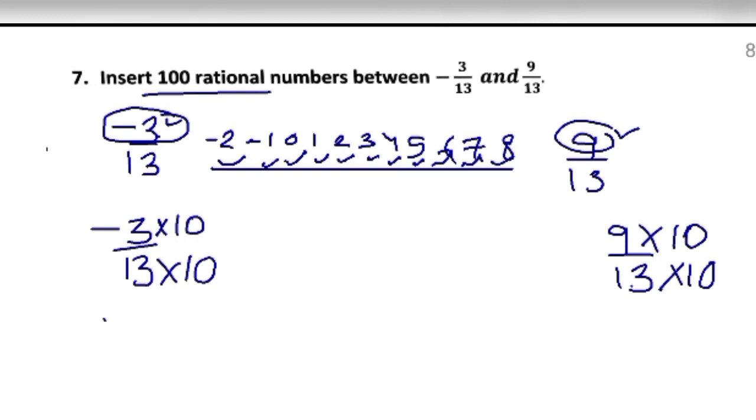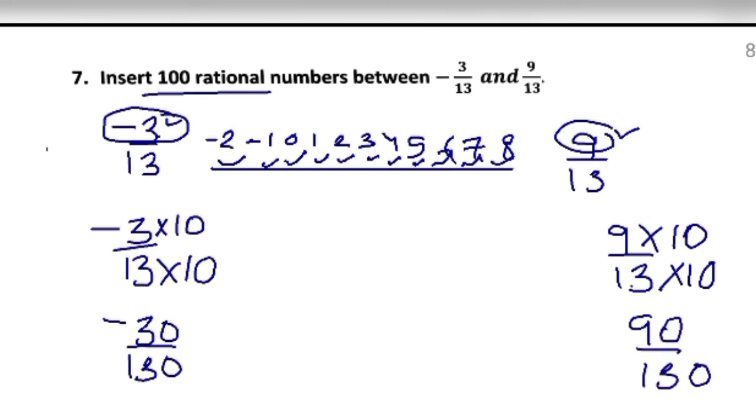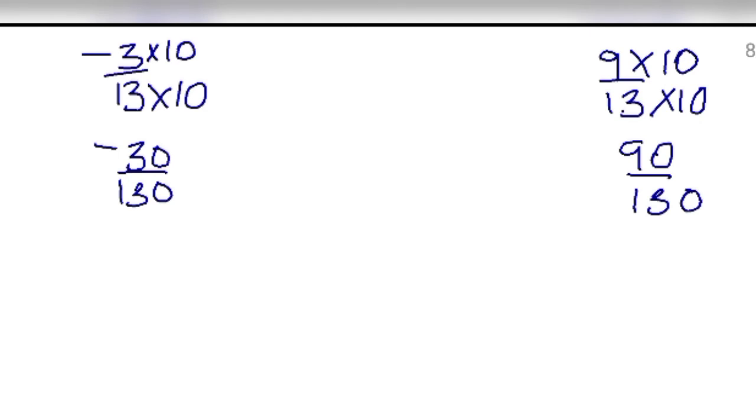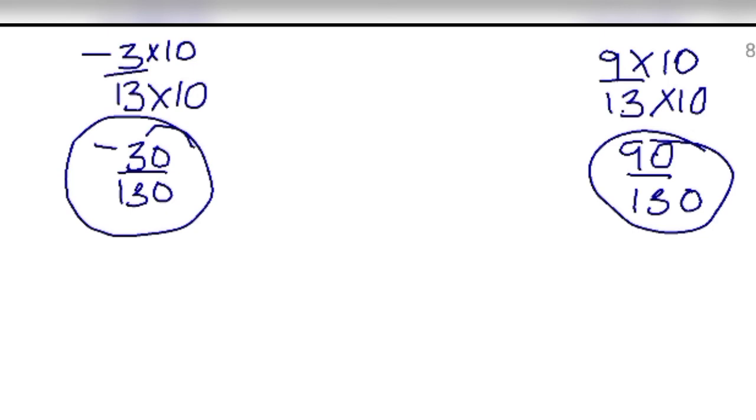Okay, this is minus 30 upon 130 and this is 90 upon 130. They are asking 100 rational numbers. So if you check from minus 30, between these two rational numbers will start minus 29 upon 130, minus 28 upon 130.